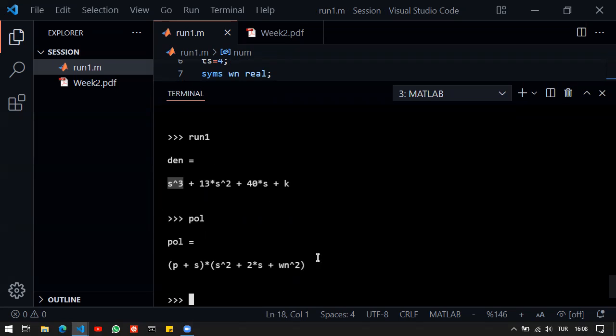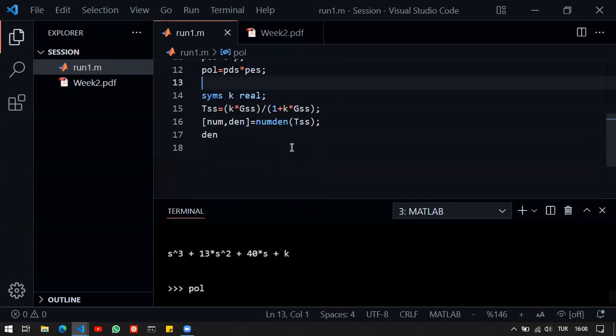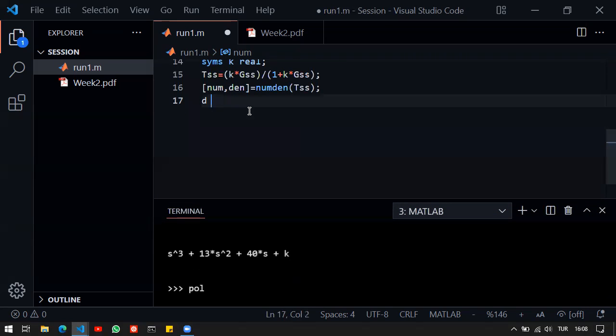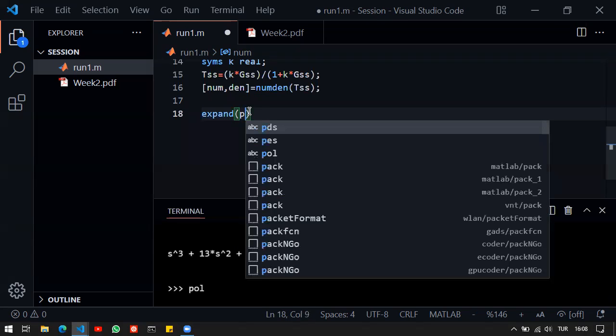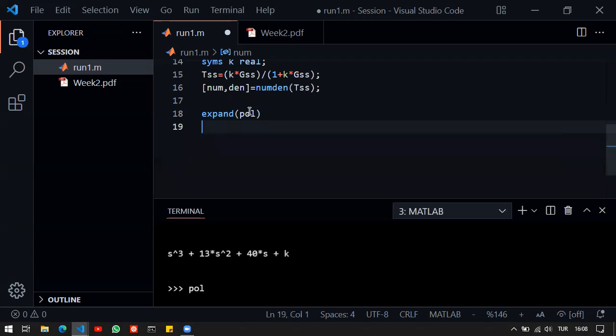I can directly use the coefficients to equate them. If that's not the case, I have to normalize, or I have to turn one of the polynomials into a monomial, and then I should equate the coefficients. So let me expand the pole here, and maybe also use VPA here.